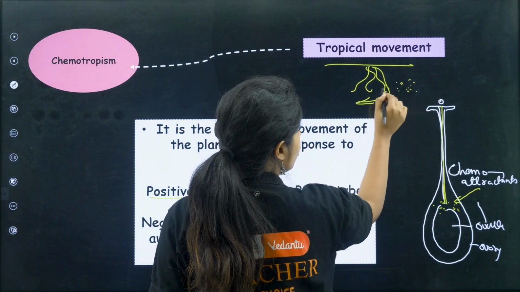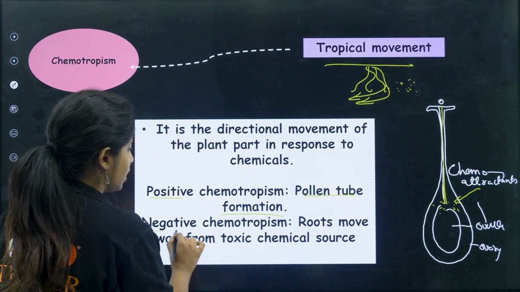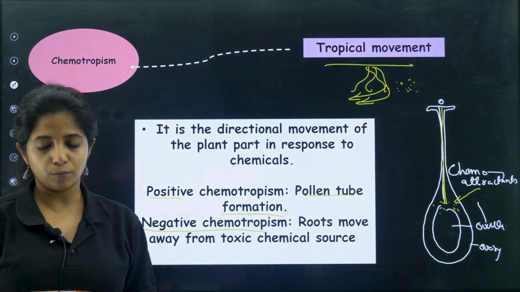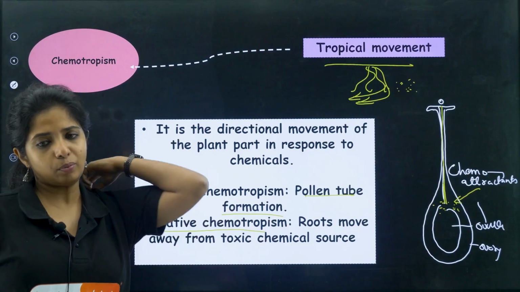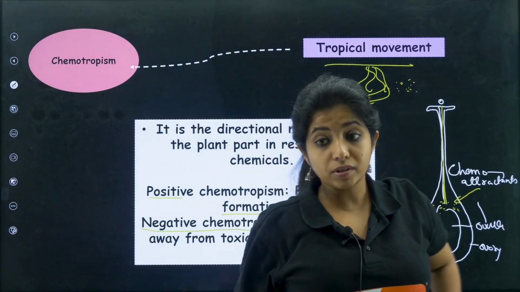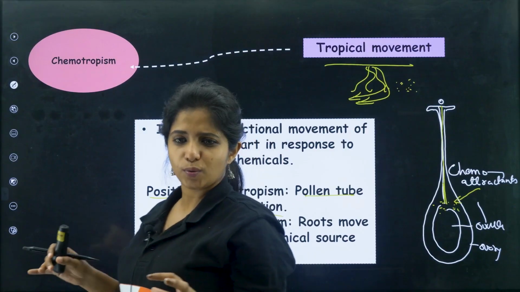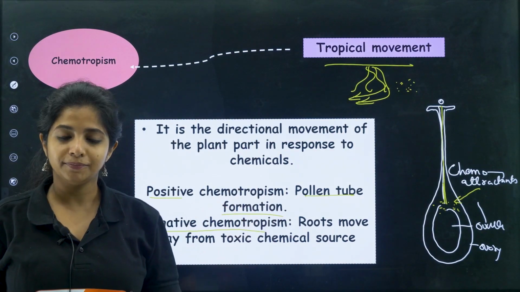No, they will move to the opposite side. This is an example of negative chemotropism. So roots move away from a toxic chemical source. You can find your own examples as well, but this is what I found and this is what I want you to write as well. This will be the safe zone example.